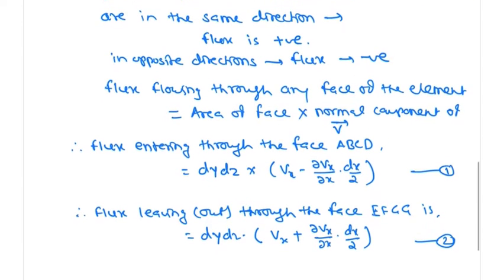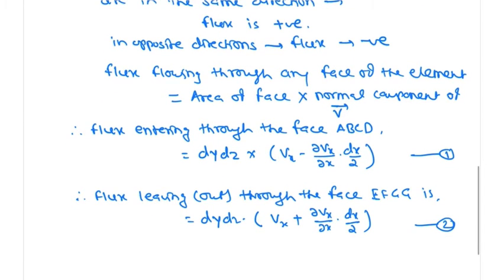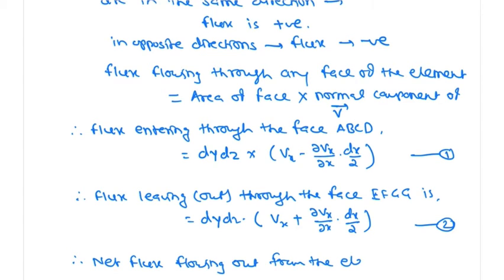These two equations give the net flux flowing out. Then we calculate the net flux flowing out from the element along the x-axis.